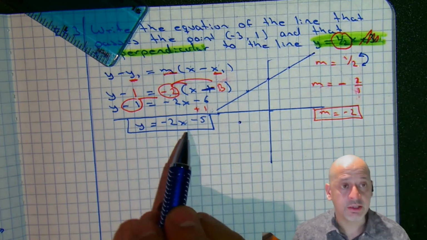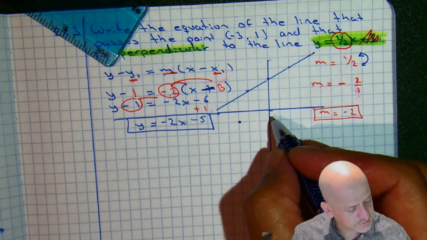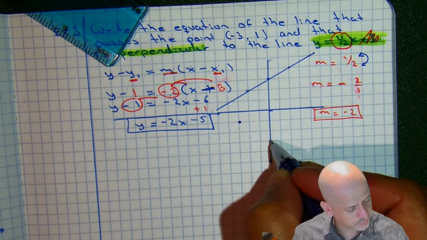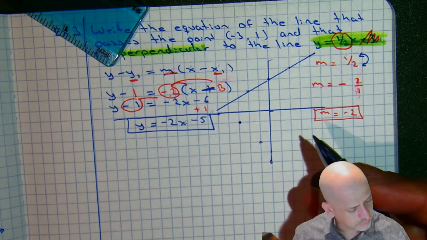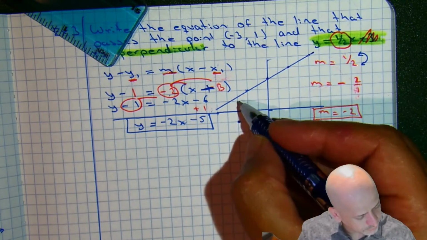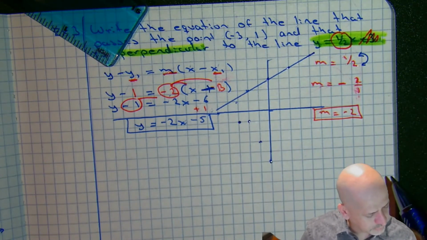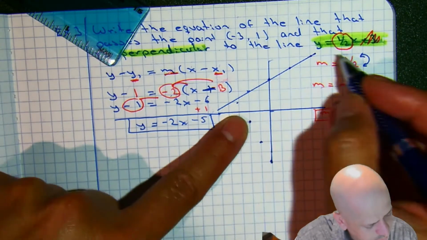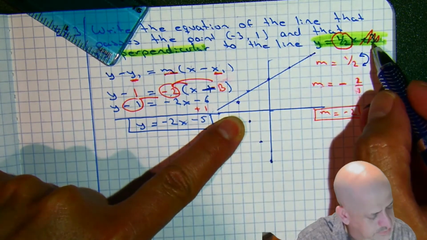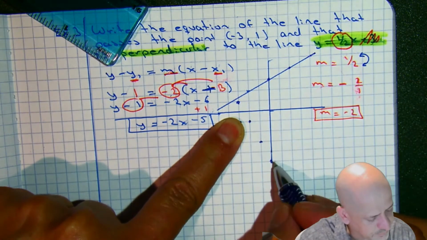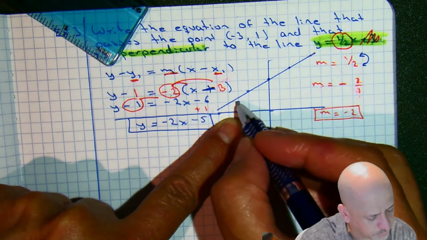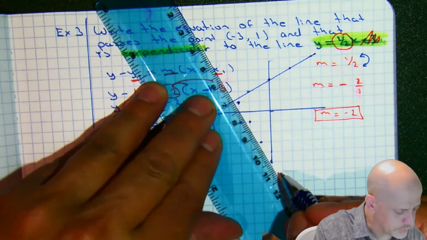And now I'm going to graph my new line. My y-intercept is -5. My slope is down 2 and over 1, or the opposite, up 2 and over 1. So now my point is -3 and up 1. And my new line is -5 and down 2 and over 1, and I can do the opposite, up 2 and over 1. So bingo. It goes to that point.